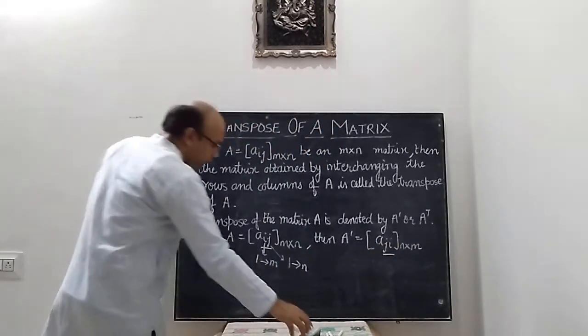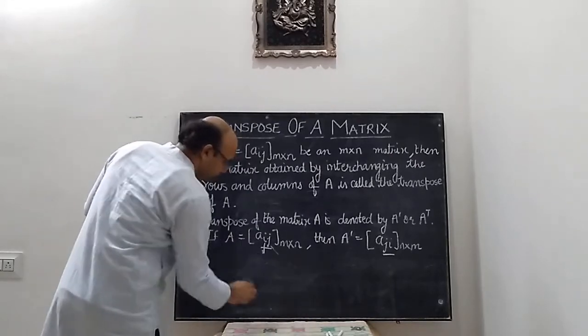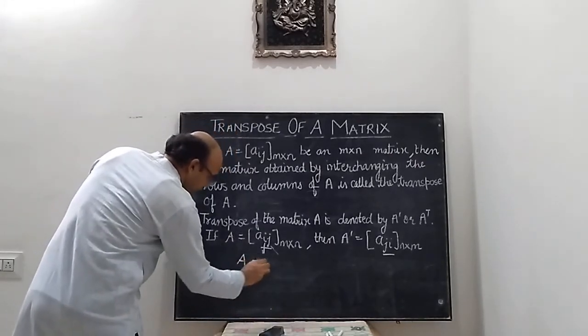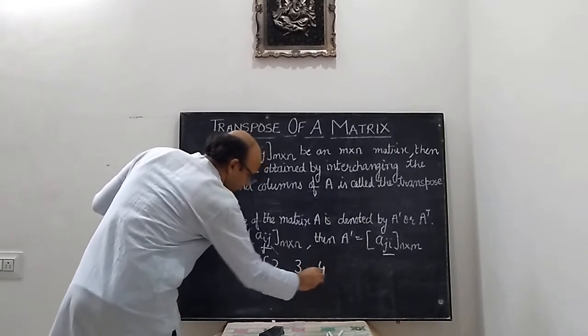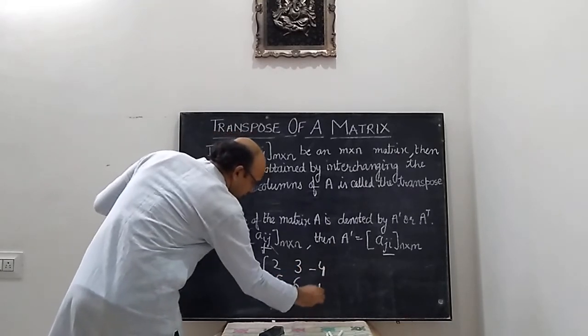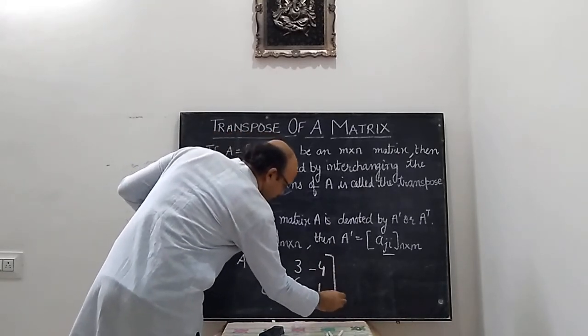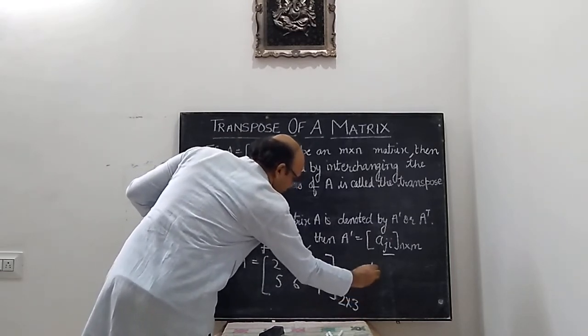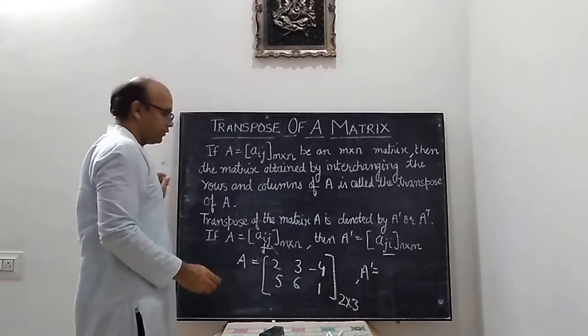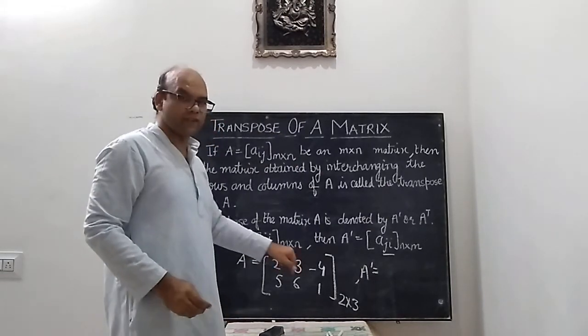If you go for an example, if A is equal to 2, 3, minus 4, 5, 6, 1, a 2 cross 3 matrix, then its transpose is obtained by interchanging the rows and the columns.